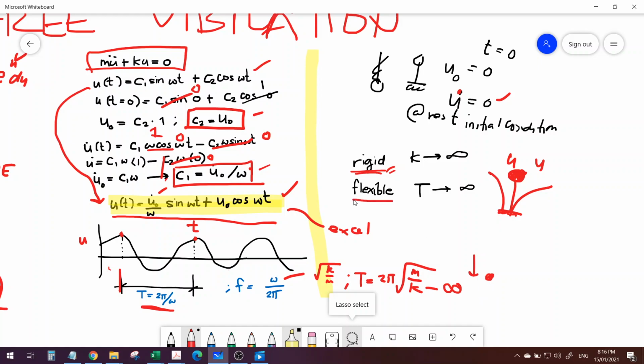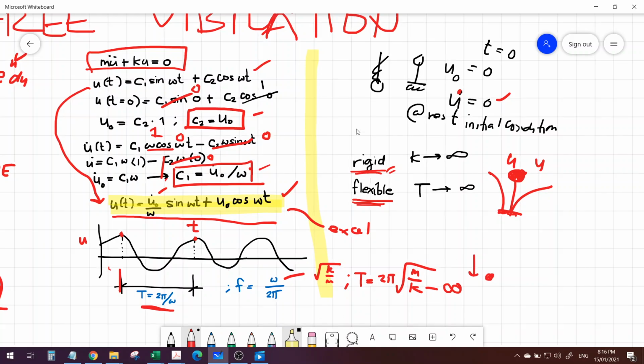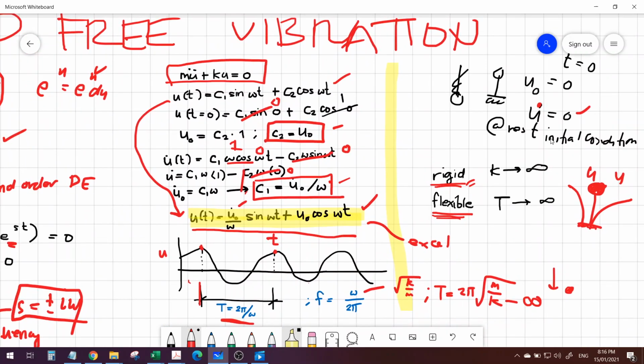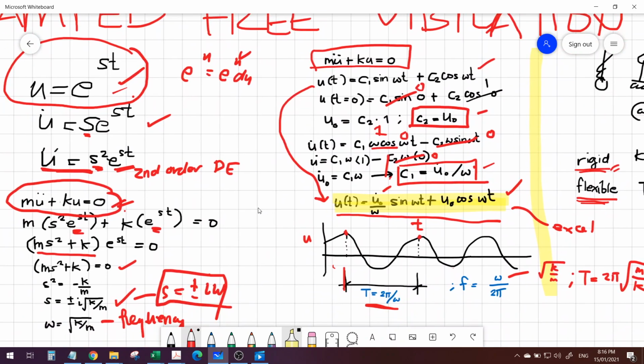Whereas if you have a very flexible structure, it is the opposite: your period will approach infinity. So that is the solution for the undamped free vibration.